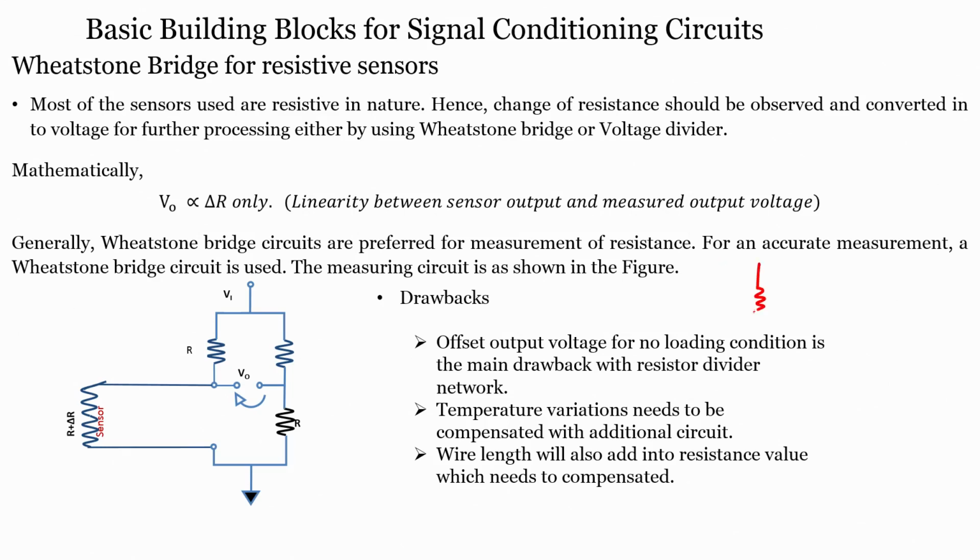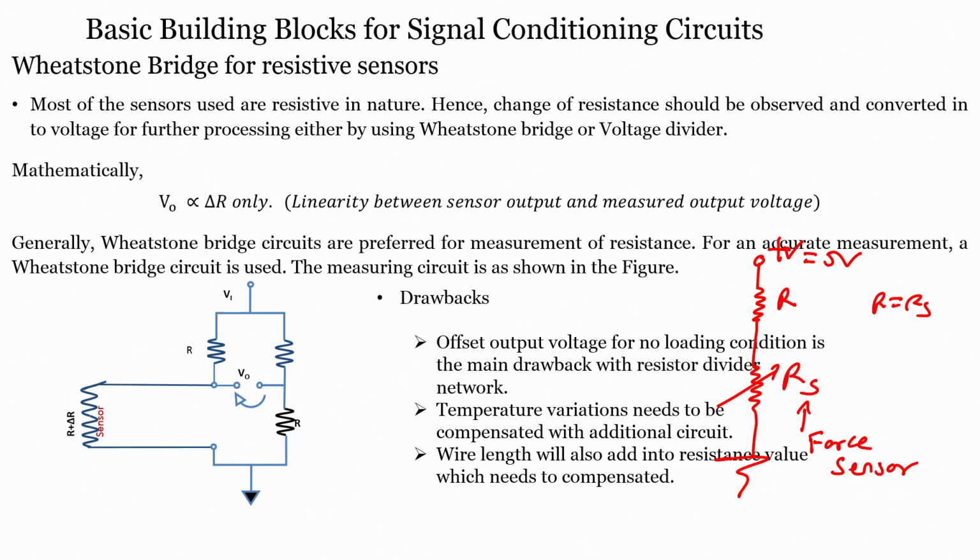Suppose I have a resistor, and I use a sensor as another resistor, which is R sensor. It will be changing, this will be a constant R, and let us say I apply a voltage V equal to 5 volts. Let us say this sensor is a force sensor.